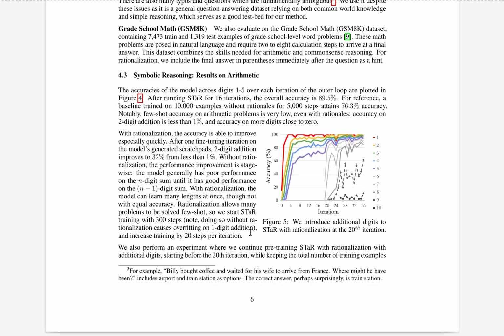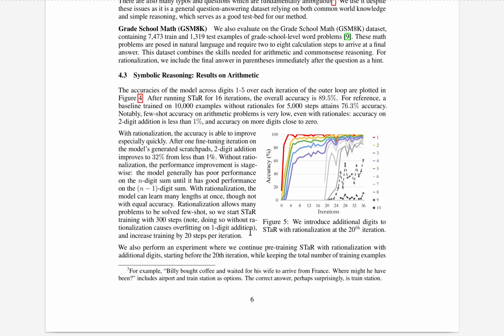There is no indication whether he was at the train station or the airport. Billy bought coffee and waited for his wife to arrive from France. Where might he have been? Includes airport and train station as options.